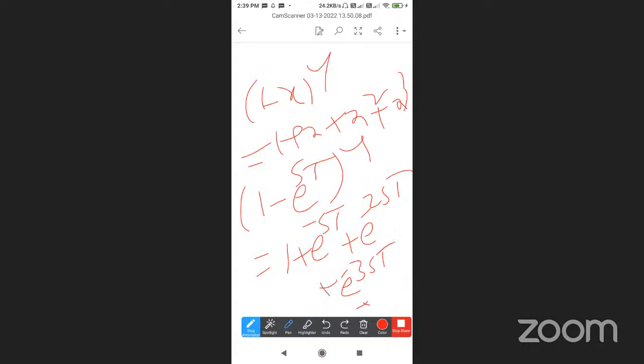On the left hand side we have the Laplace transform, and the common factor is 1 by (1 minus e power of minus sT) into the integral from 0 to T of e power of minus st into f of t dt. So that is the Laplace transform of a periodic function.